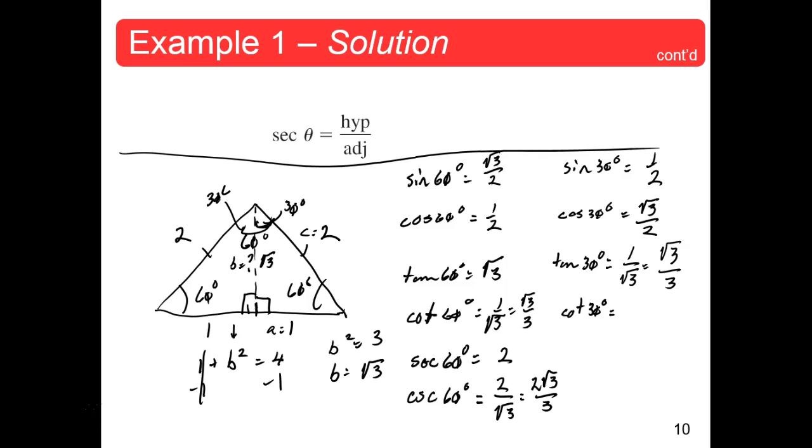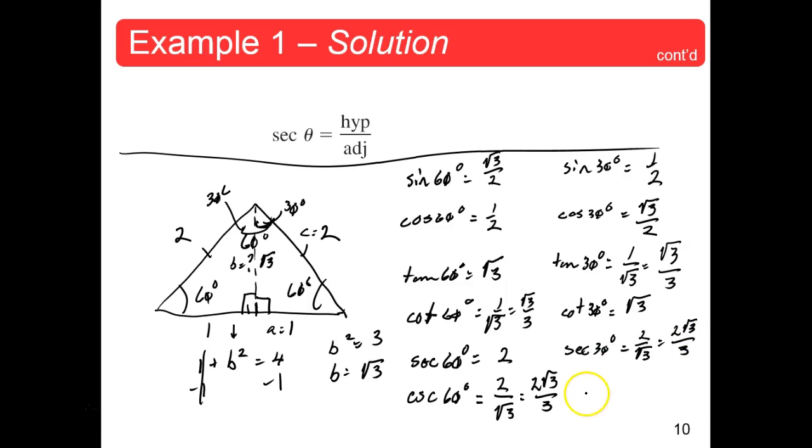Square root of 3. Perfect. And the secant of 30? Two over root 3, which you could also write as 2 root 3 over 3.